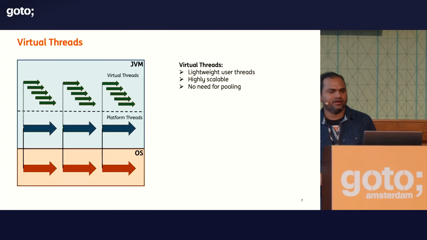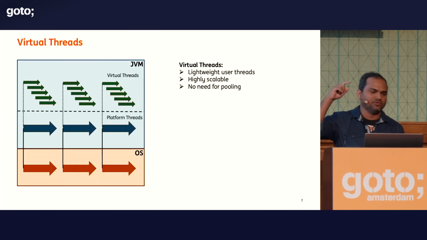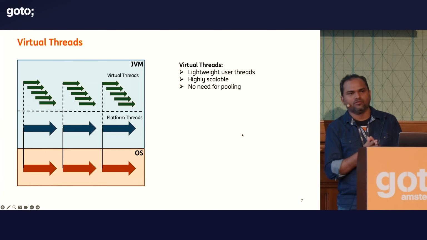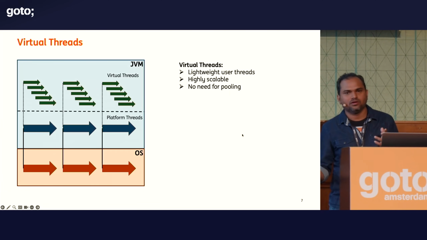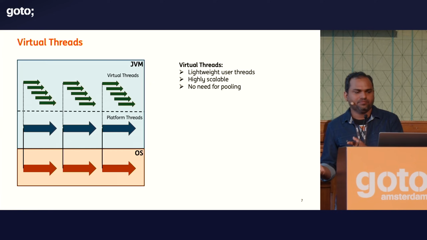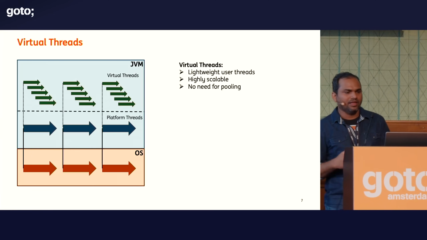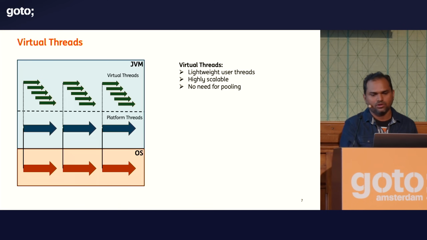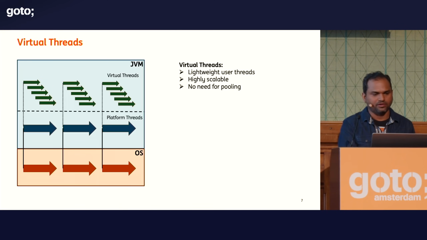Okay, so what we see here is you have a bunch of virtual threads which are connected to one platform thread. What that means is a virtual thread on its own cannot execute anything, so it has to be associated with a platform thread to execute something. And that process is called mounting a virtual thread onto a platform thread, or carrier thread.